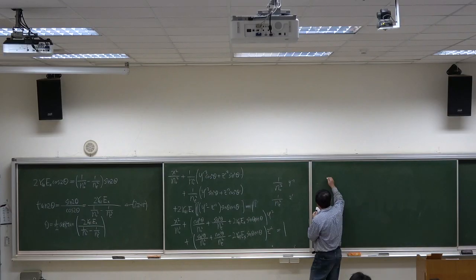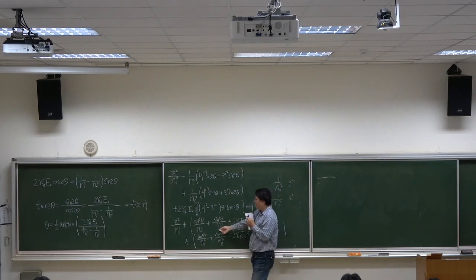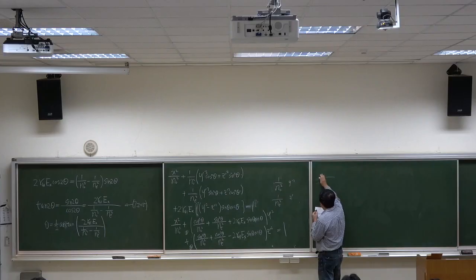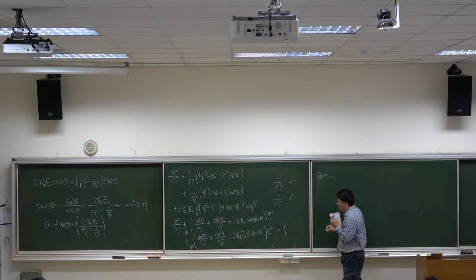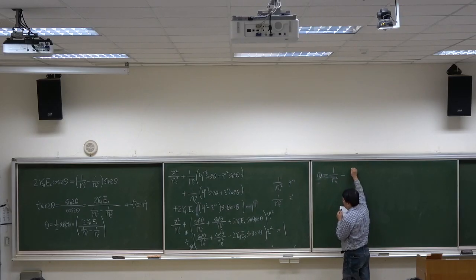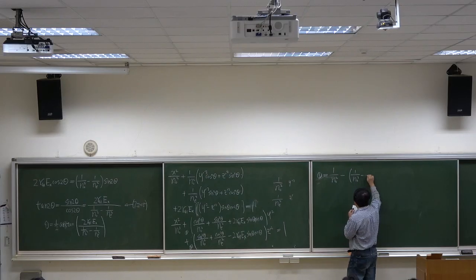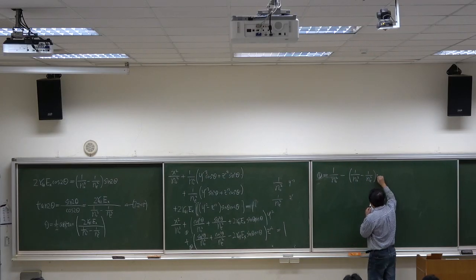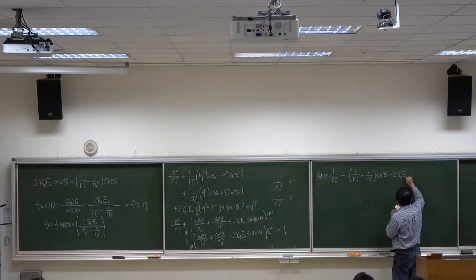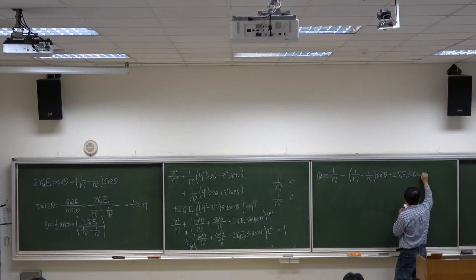So we see that this bracket 我把这个叫1号，叫2号。Number 1 bracket can be written as 1 over NO squared minus 1 over NO squared minus 1 over NE squared times sine squared theta plus 2 r41 Ex sine theta cosine theta.